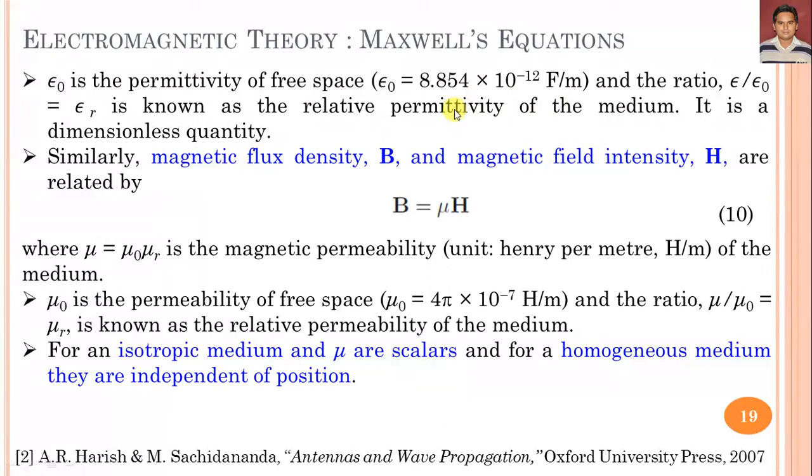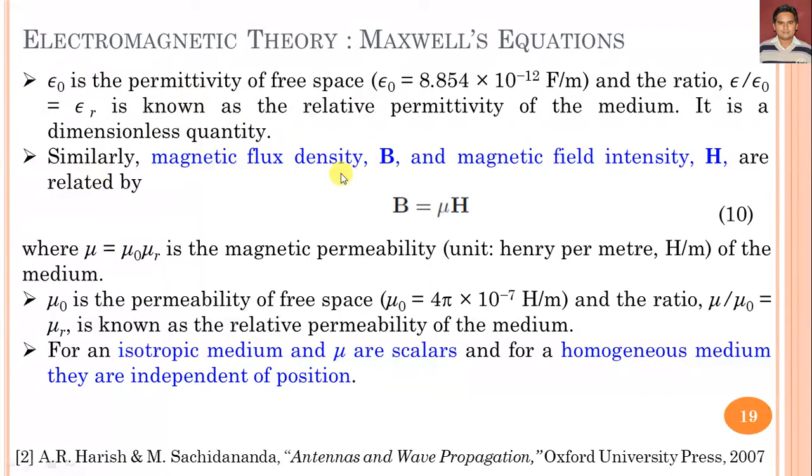This quantity is dimensionless, and epsilon R is important in antenna engineering when we design antennas like a microstrip antenna or some other kind of antenna, depending on what kind of material we are using. So in that case the relative permittivity has an important role.